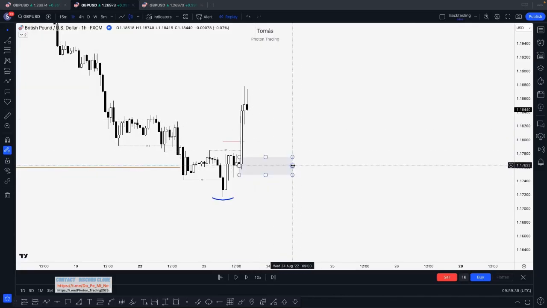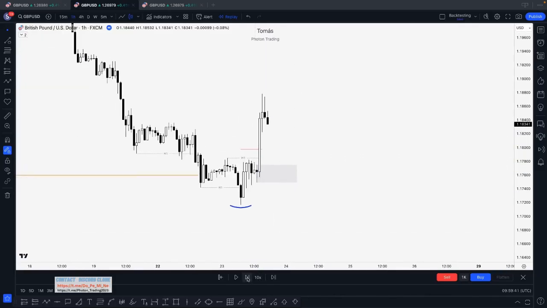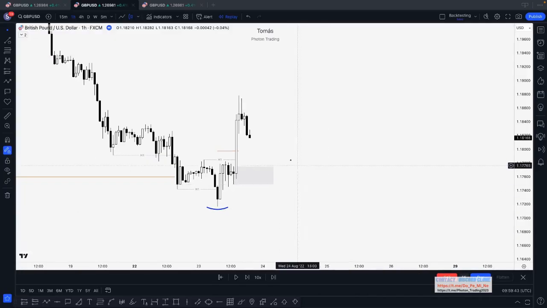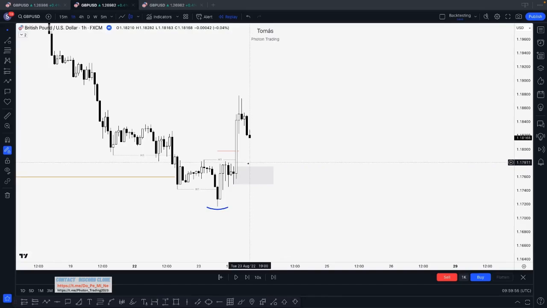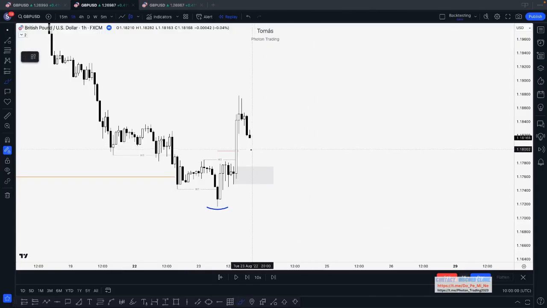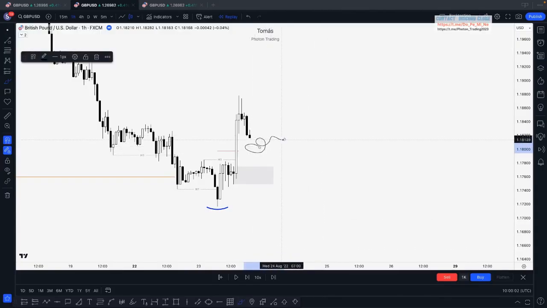So now I'm going to start playing this forward. And by the way, guys, this is very, very important. You only look for the entry model, LC, in this case LC to A, once the medium time frame POI is mitigated. I really don't want you guys to start looking for entry models around here.